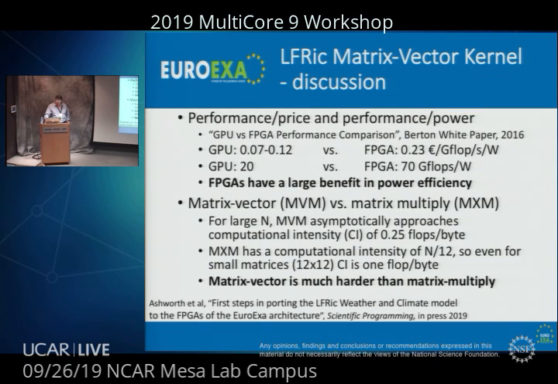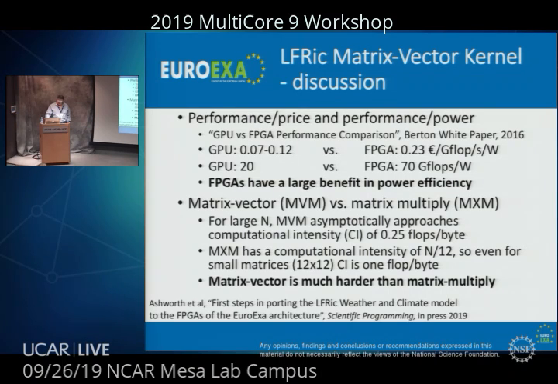Some more comments on this. There's a white paper from a digital signal processing company called Burton, where they do a GPU versus FPGA performance comparison, and they give figures for the euros per gigaflop per second per watt, which is the relevant metric there, and the gigaflops per watt is the relevant metric for power efficiency.